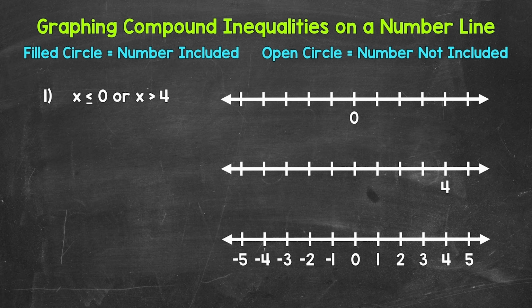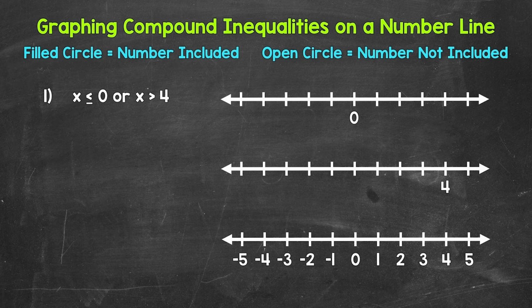Let's jump into number 1, where we have x is less than or equal to 0, or x is greater than 4. So here, x has to be less than or equal to 0, or x has to be greater than 4. So a solution of a compound inequality involving OR is anything that makes either inequality true.